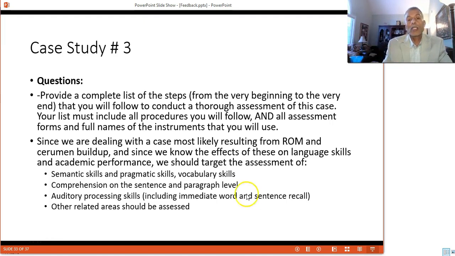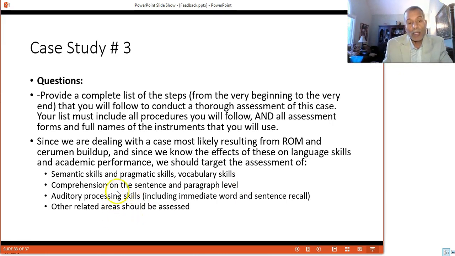So since we are dealing with a case here that's mostly associated with recurrent middle ear infections and cerumen buildup, and since we know the effects of these on language skills and academic performance, that are confirmed, that these things have an impact, we should target the assessment of the following areas.